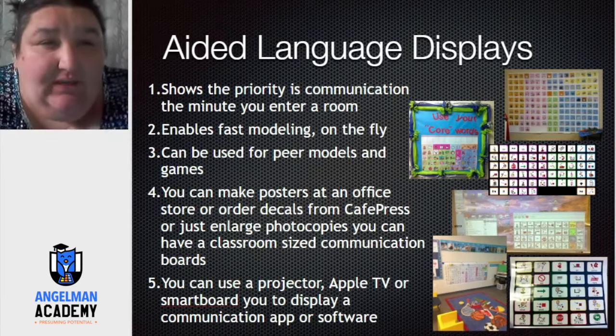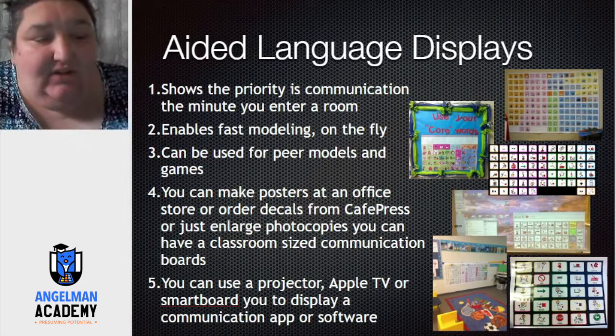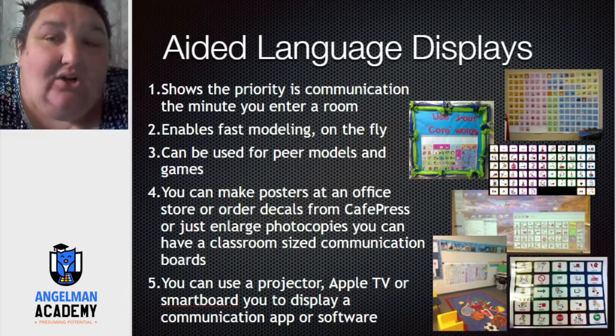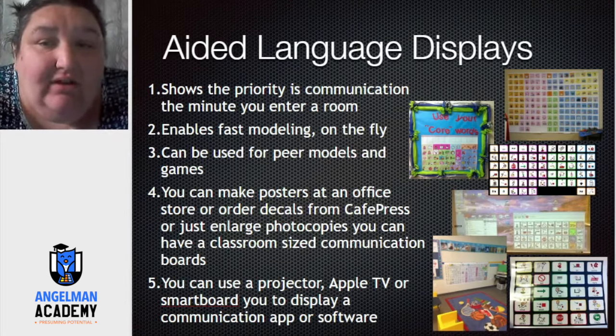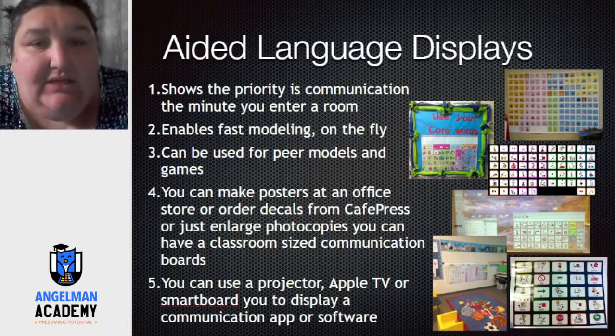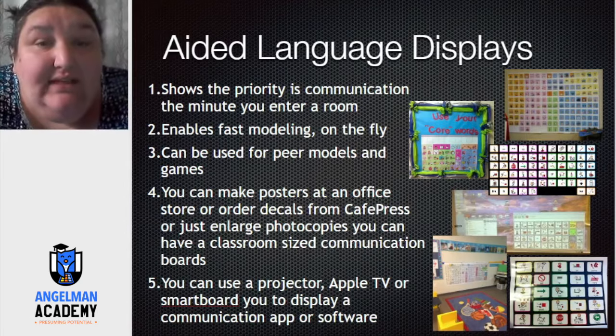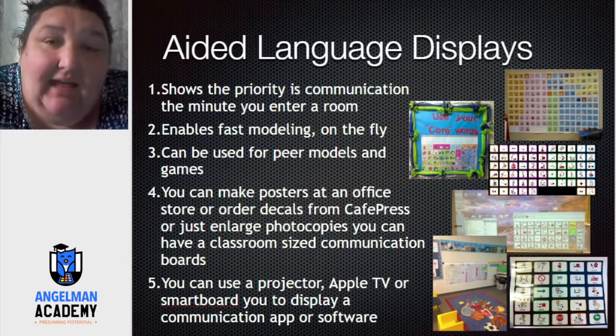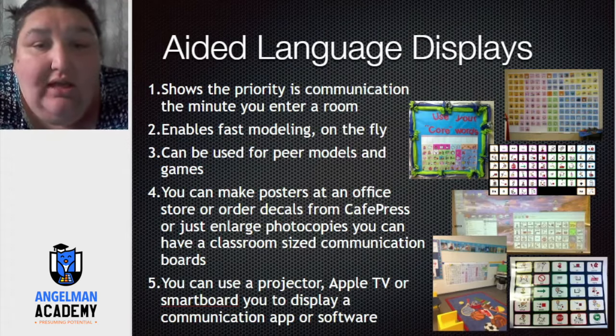So one of the things that we can do to support augmentative and alternative communicators at home or in the classroom is to hang large aided language displays around the room that have the main board of their communication system or communication book or app, and then to have specific aided language displays posted in various areas. For example, you might have core words plus bath time words laminated and hanging in your shower or in your tub area so that you can communicate during bath time.